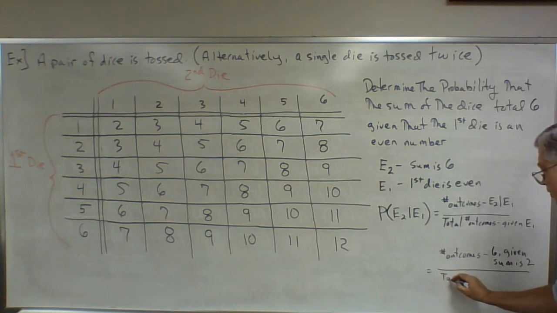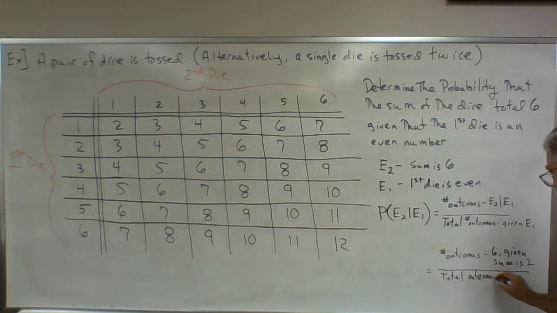That is the total number of outcomes where the first die is even.